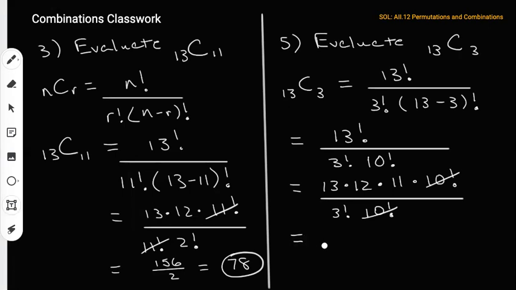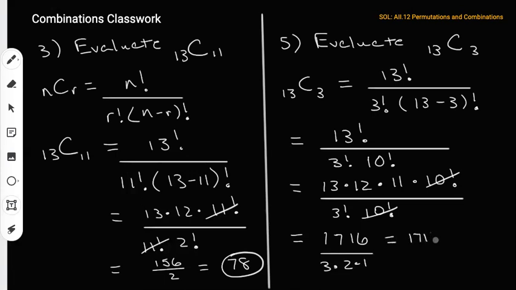So at the top now, I have 13 times 12 times 11. And that's going to give me 1,716. And I'm going to be dividing by 3 factorial, which is 3 times 2 times 1.